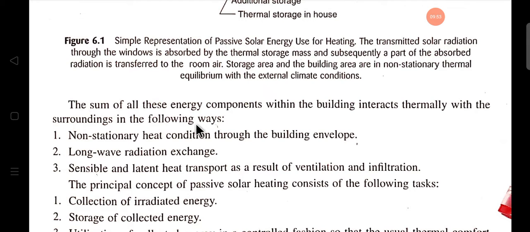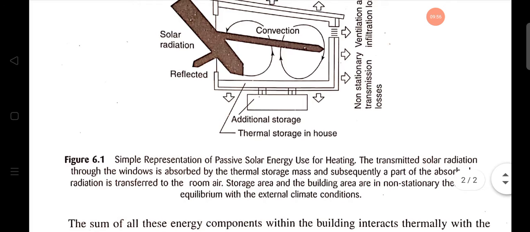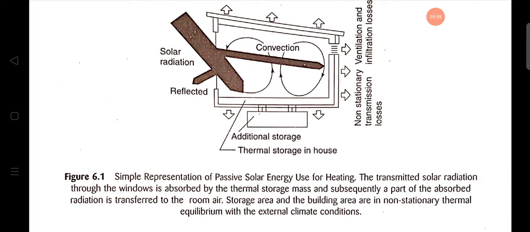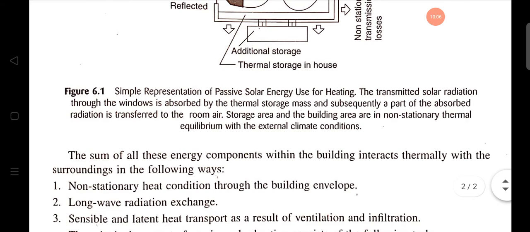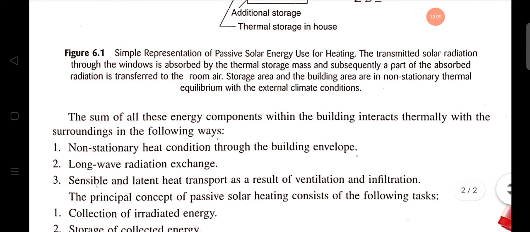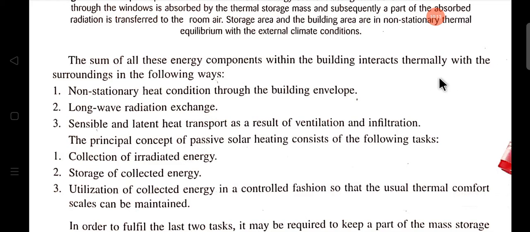That means all the components of the building, losses, ventilation losses, additional storage, reflection, convection, all interact with the surroundings in the following ways.